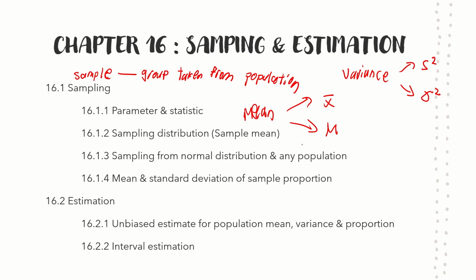Do you know that? In chapter 1, you calculate the mean with the symbol x bar and the variance as s squared. But in chapter 3, probability distribution, the mean is mu and the variance is sigma squared. It no longer uses x bar. Why like that? Why do we want to differentiate these symbols? Because these symbols are very important in this chapter. In chapters 4 and 5, you need to differentiate these two symbols very well.